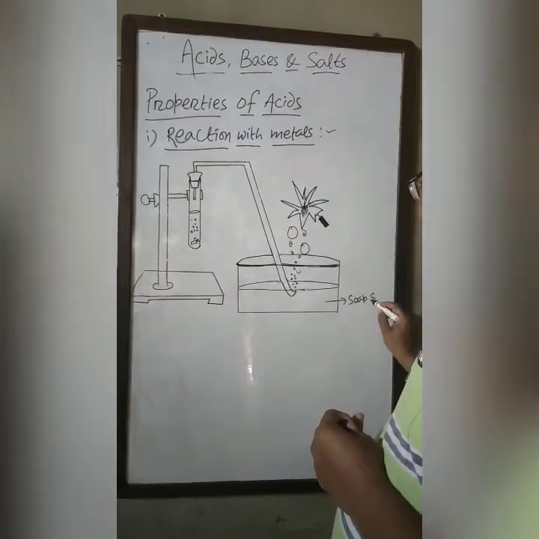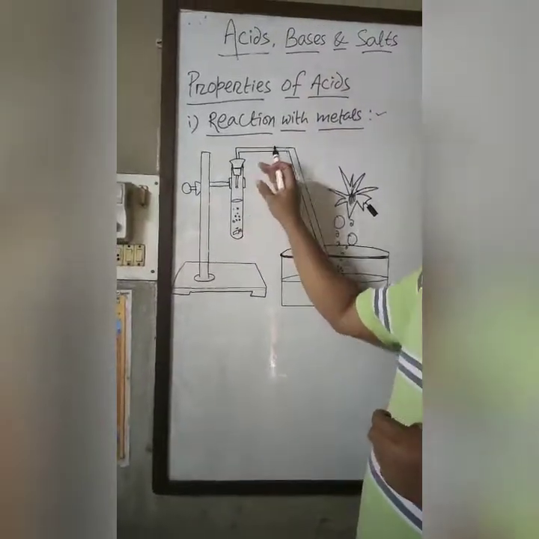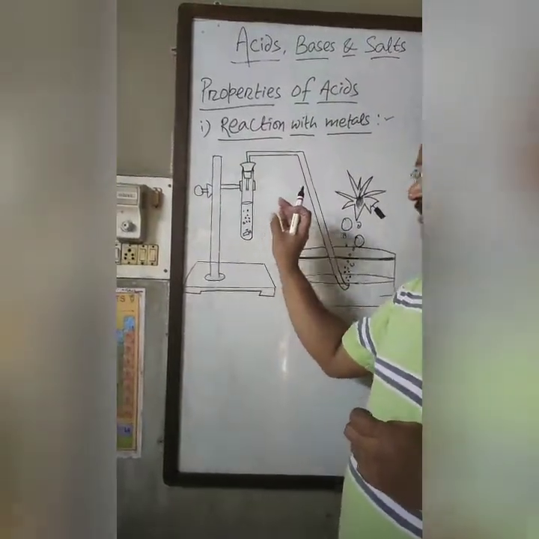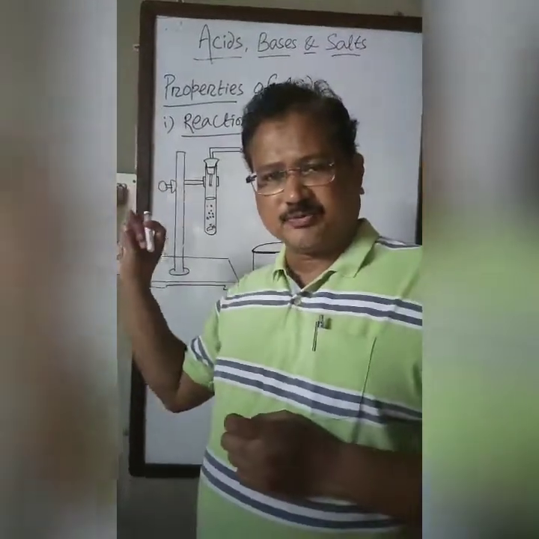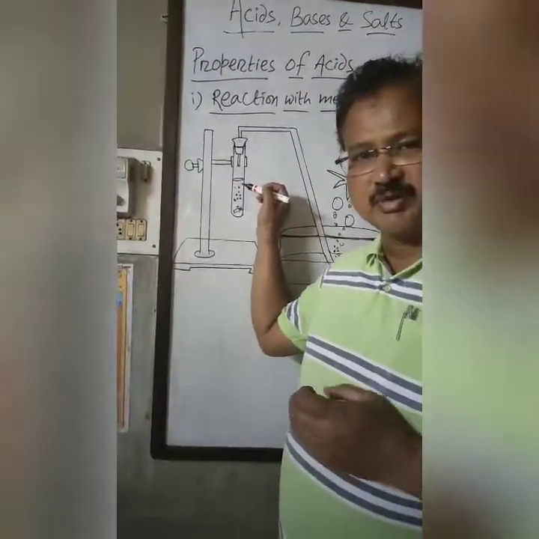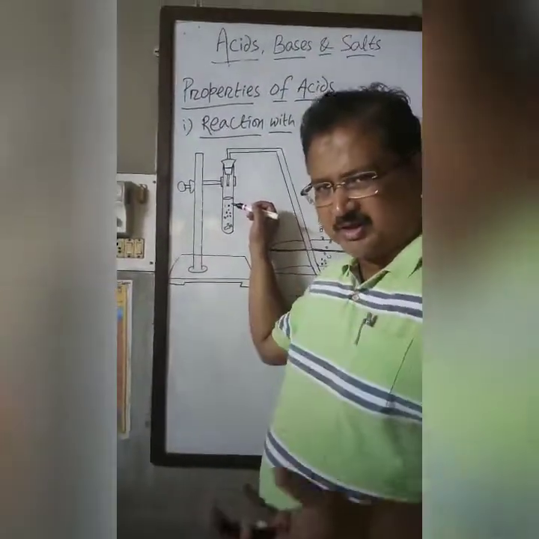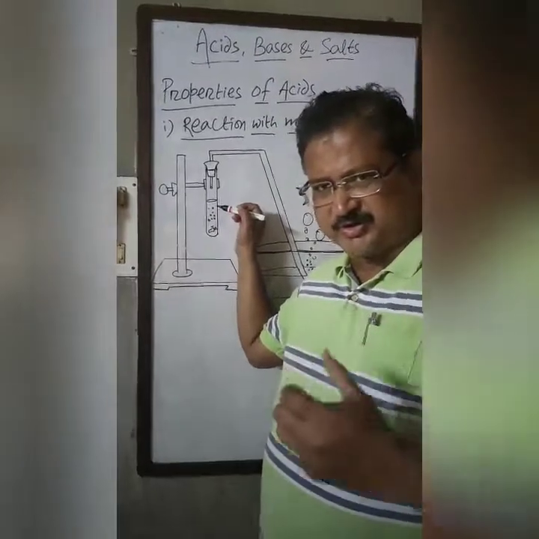When the zinc granules come in contact with sulfuric acid, you will find that on the surface of the zinc some bubbles start evolving at a brisk, rapid rate.